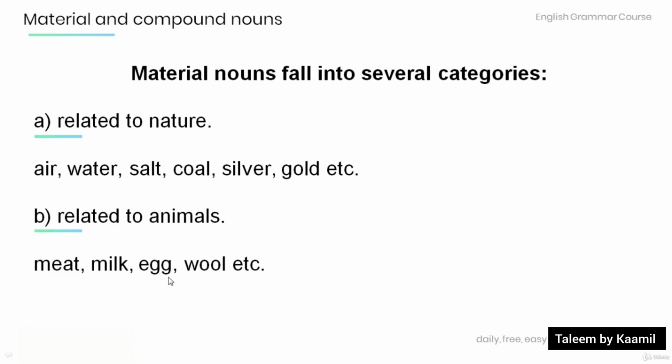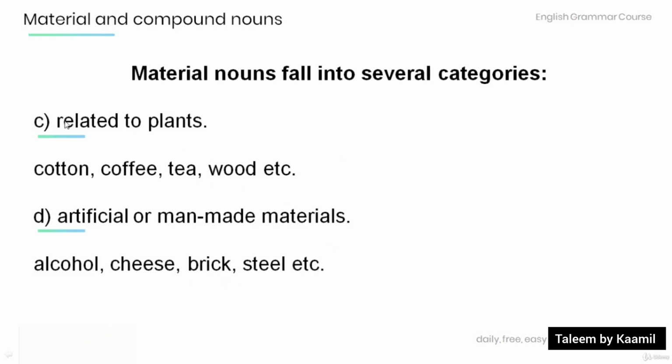Meat, milk, egg, wool, etc. C. Related to plants. Cotton, coffee, tea, wood, etc. D. Artificial or man-made materials, such as alcohol, cheese, brick, steel, etc.